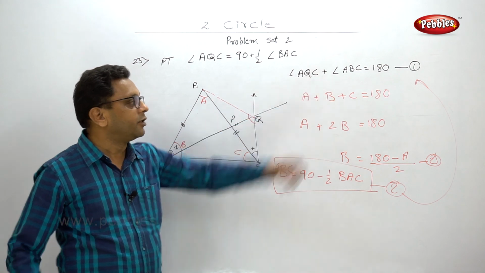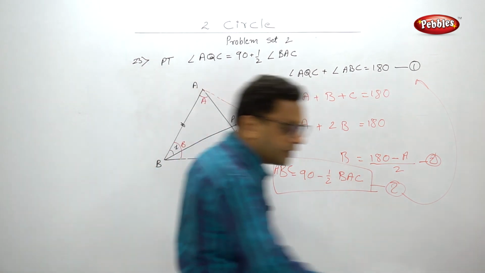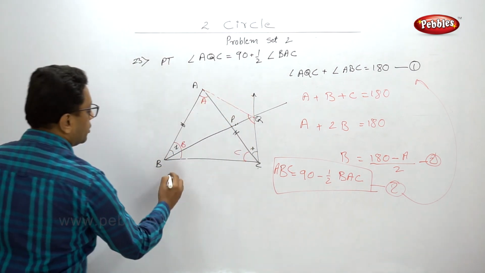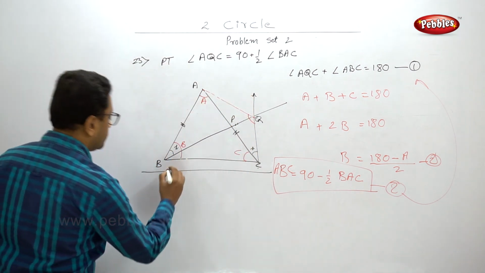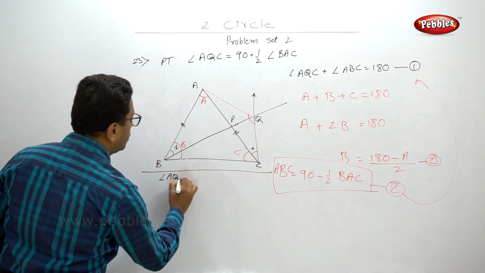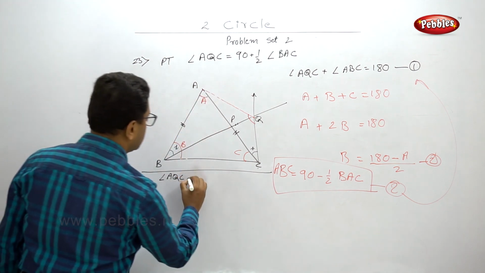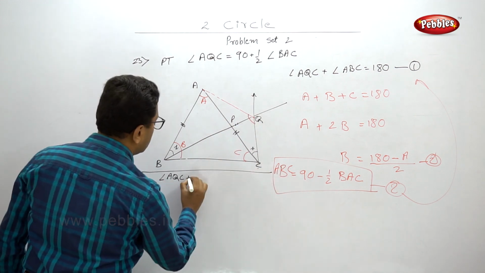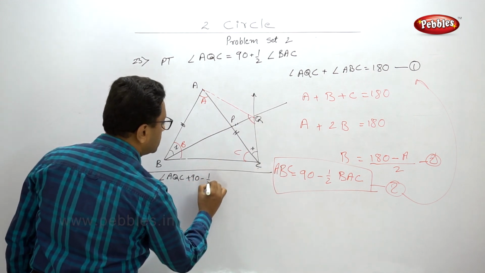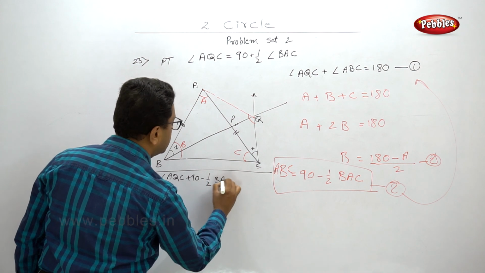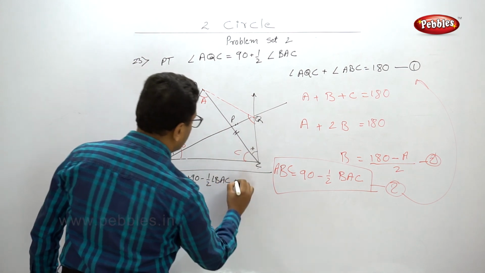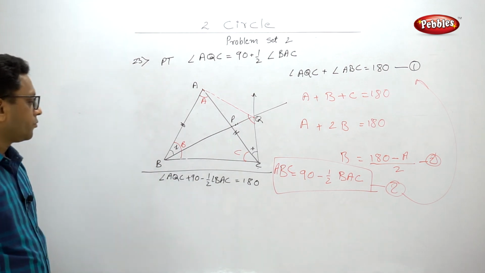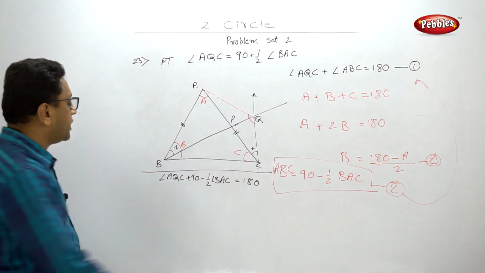So we will substitute there and let us see what we get. Angle AQC, now our equation becomes, plus angle ABC, which is 90 minus half of angle BAC, is equal to 180. So let us take everything on that side.